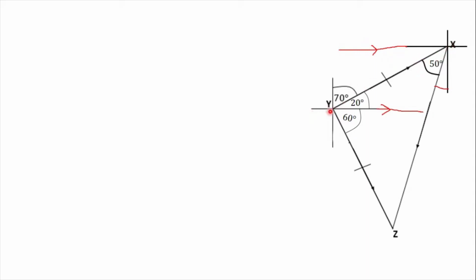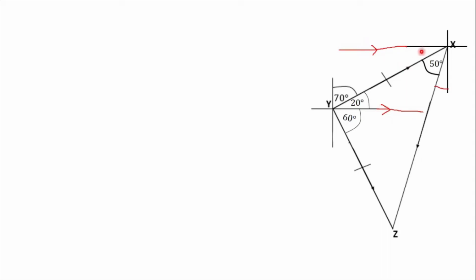If line YX is the transversal, the angle created here, which is 20 degrees, and the angle that will be formed here will be alternating angles. We know from plane geometry that alternating angles are equal. Once again, I explained this property of alternating angles in the angle properties of parallel lines. If you watch that video too, you will get more knowledge about alternating angles.